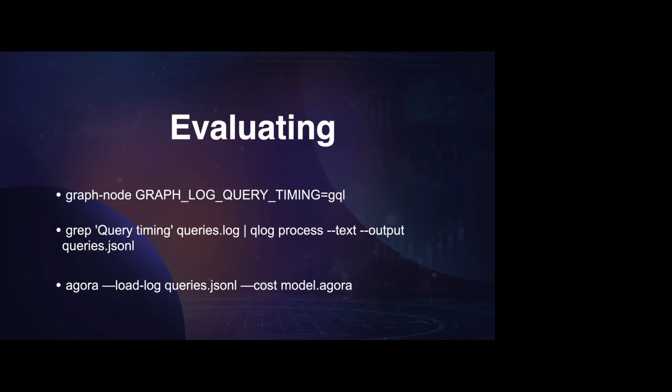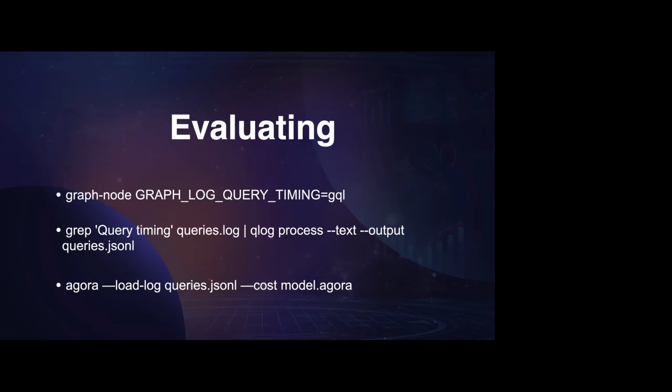The next thing that you want to do is to run a tool called qlog to pre-process those queries. It can do things like extract the queries from the log. It can filter by specific subgraphs. It can take a specific number of samples of queries so that you can iterate more quickly.